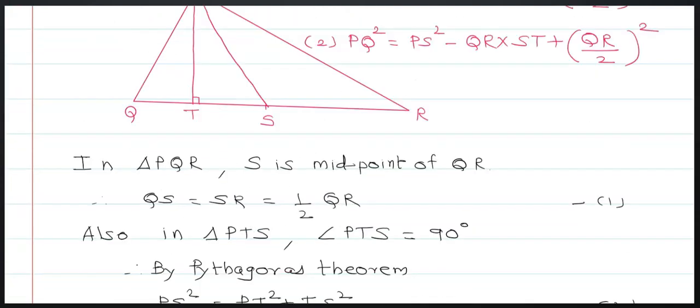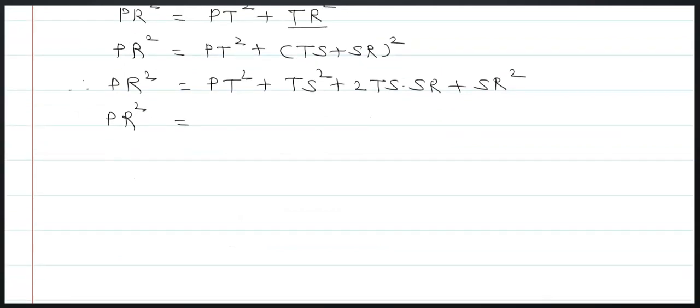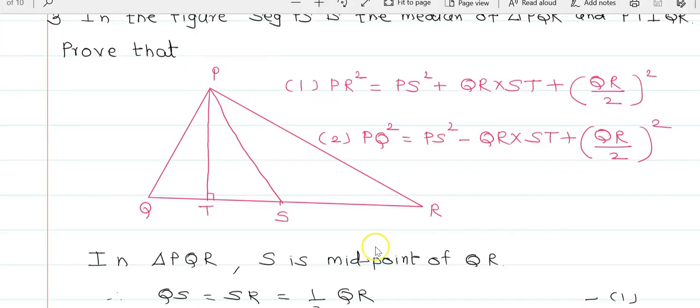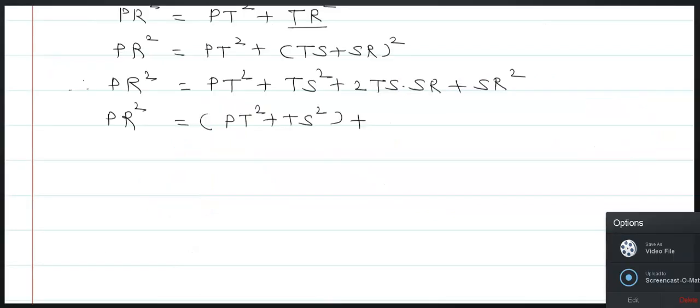Now here we'll collect the terms. That is PT square plus TS square, and the value of PT square plus TS square from the figure is equal to PS square. You see this here.